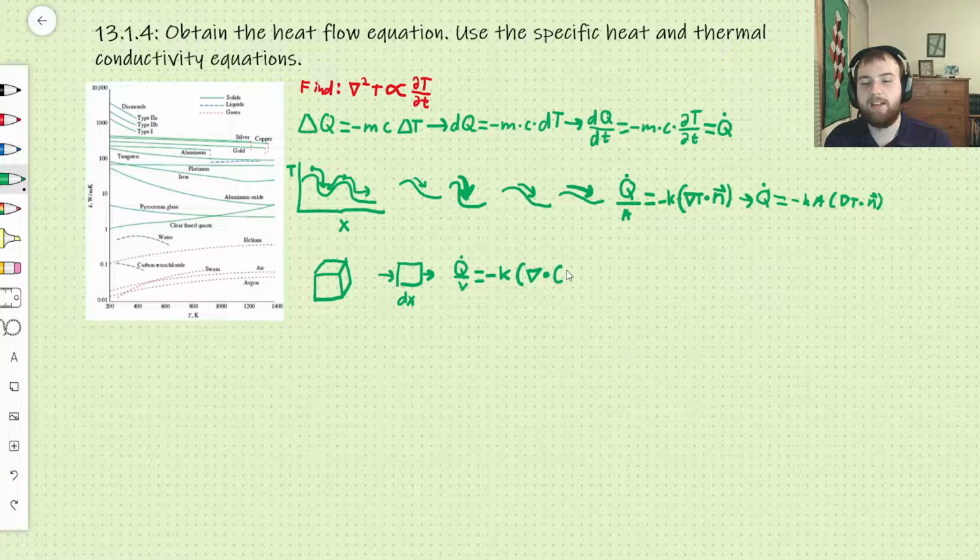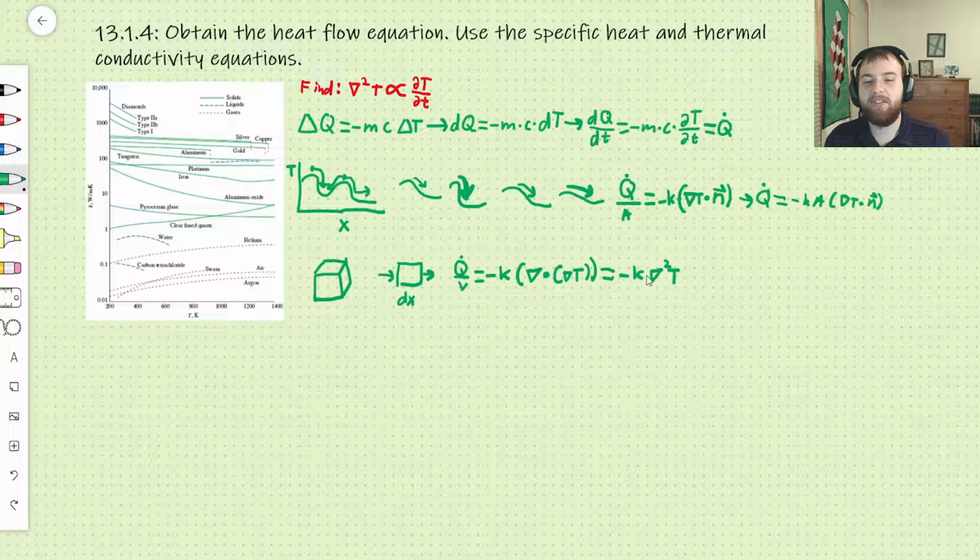In this case, it's our gradient of T. But since you're taking the divergence of a gradient, that just turns into the Laplacian operator, which is that operator squared.